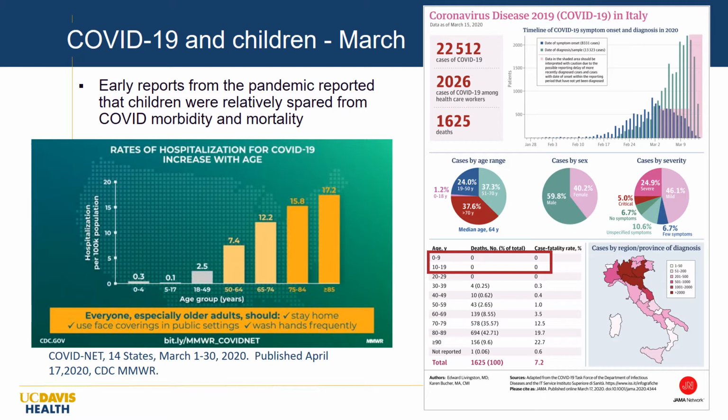So you can see that it was a very small piece of the pie, and that in this table you can see that there were no deaths that were reported in that pediatric age range, so 0 to 9 or 10 to 19. And so really indicating that COVID, at least at that point in time, really did not seem to be causing much morbidity or mortality in children, which was really a relief to all of us as pediatricians.